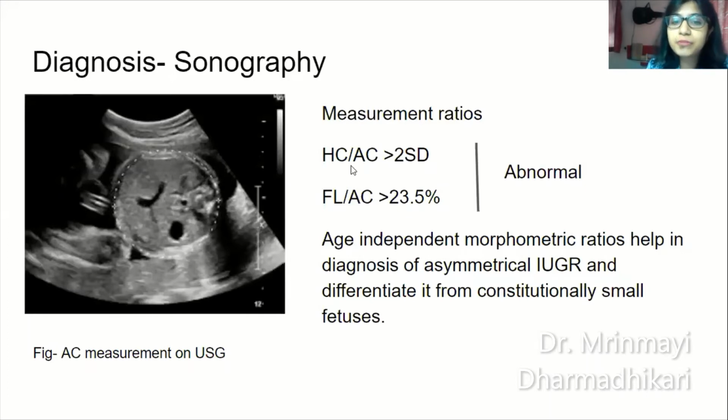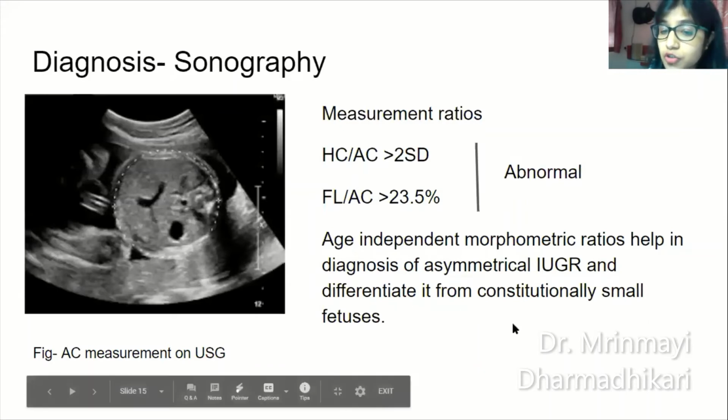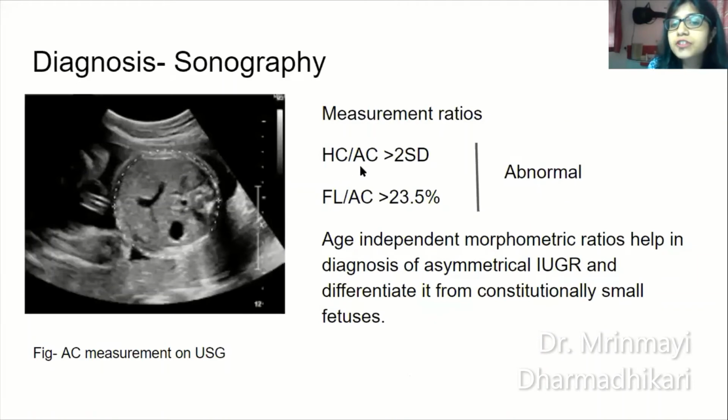Now there are certain measurement ratios. These are age independent morphometric ratios which help in diagnosis of asymmetrical IUGR and differentiate it from constitutionally small fetuses. Okay, first ratio is head circumference to abdominal circumference. Now if this ratio is more than 2 standard deviations, it is considered to be abnormal and diagnostic of asymmetric IUGR.